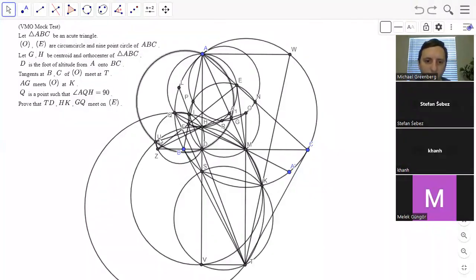And once we show that, that would prove that IH and K are collinear, right? So let me write this out.